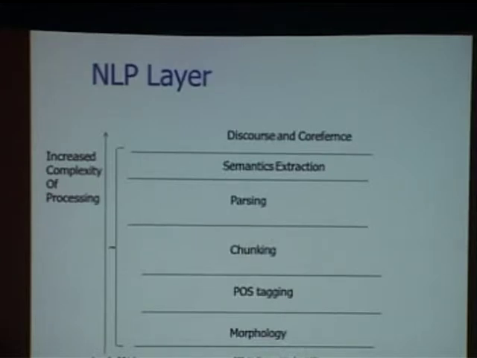So at the lowermost level is morphology, which is where words are processed. We break words into suffixes and also obtain their features. Going, for example, has the stem as go and indicates continuity of action. Part of speech tagging is where words are categorized into nouns, verbs, adjectives, and so on.